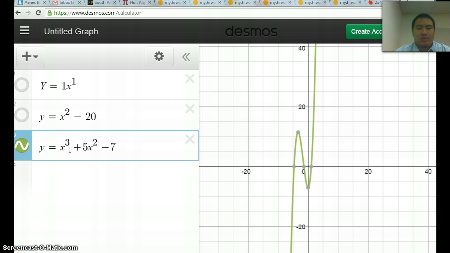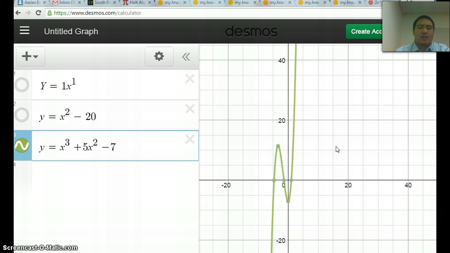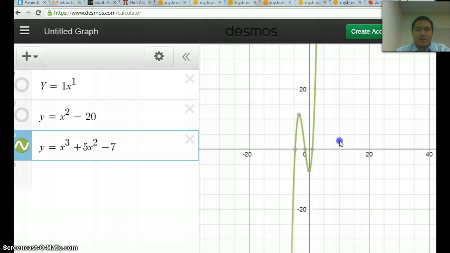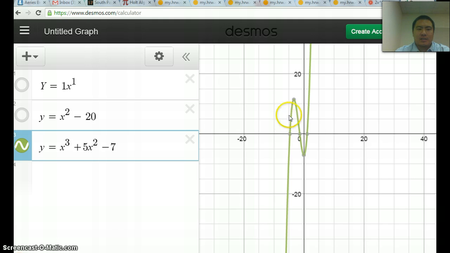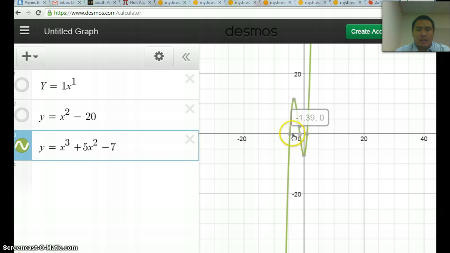That's why we worry about the degree. If you're positive, it's going to end up going positive. The inside stuff could change based on that, but at most we're going to have 1, 2, 3 zeros. For the quadratic, we had at most 2 zeros. For the cubic, we have at most 3 zeros.